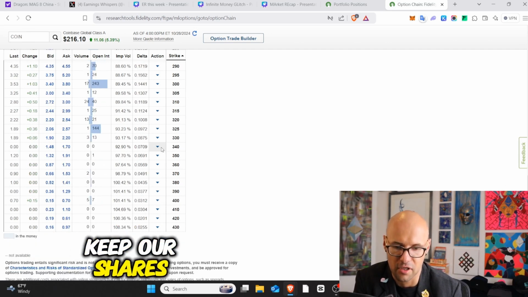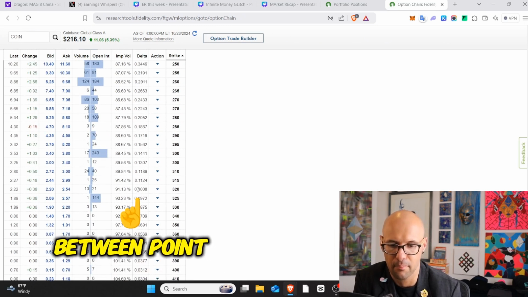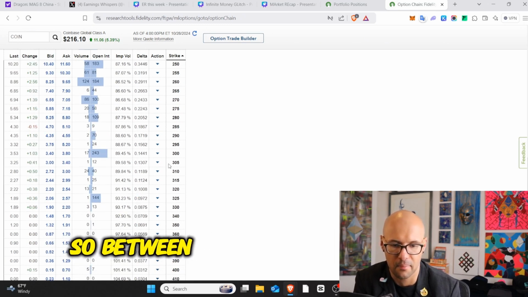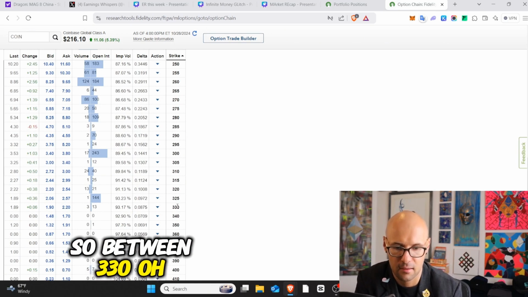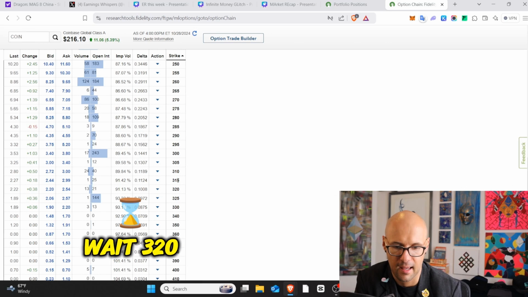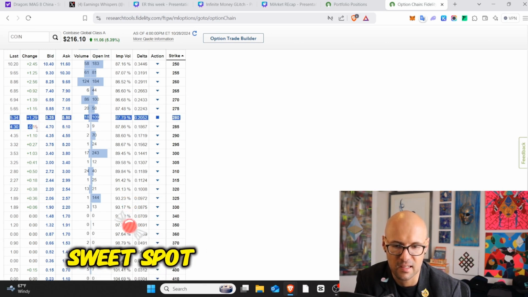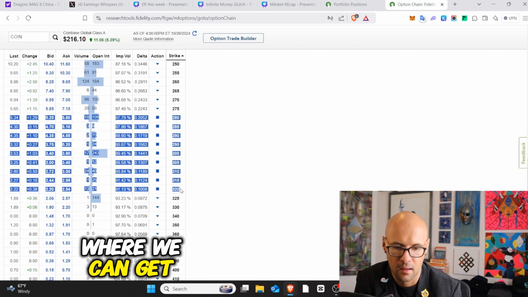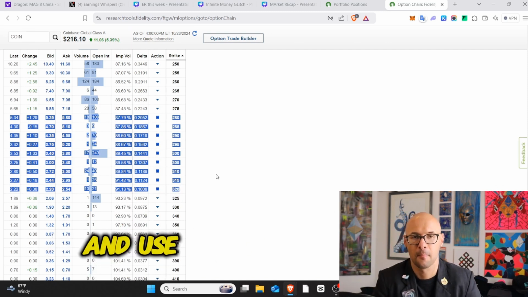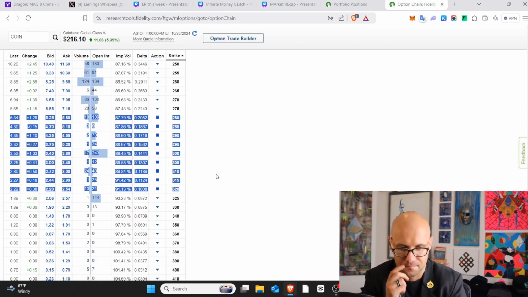If we want to keep our shares, we want to keep our delta between 0.1 and 0.2. So between 300 and 280. So this is the sweet spot where we can get basically free money and use the infinite money glitch.